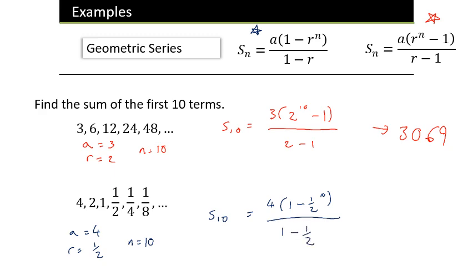When I input that into my calculator, I get this. So let's just call it 7.99. And that's how we input into that formula.